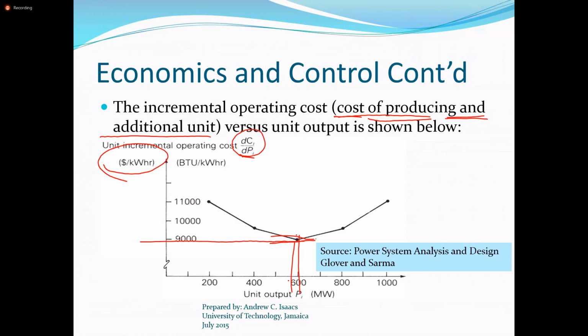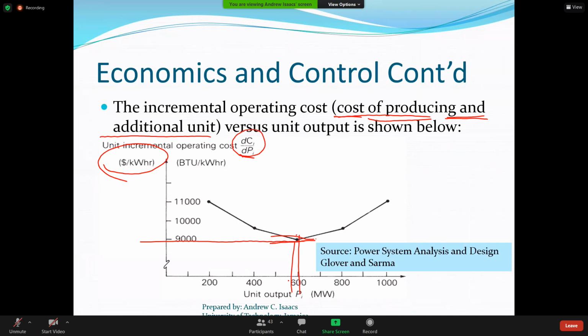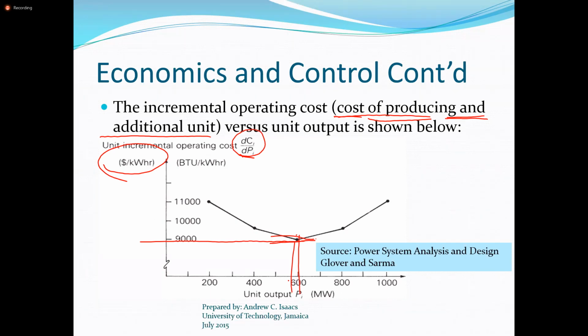On line 1, the cost of producing an additional bullet is 10 cents. On line 2, the cost of producing an additional bullet is 8 cents. On line 3, the cost of producing an additional bullet is 5 cents. Right? What we would have had are incremental costs on line 1 being 10, line 2, 8, and line 3, 5.